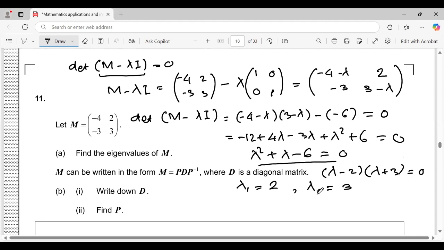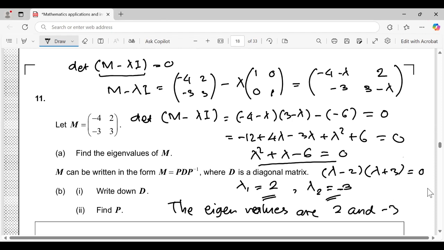Okay, it's lambda 1, lambda 2. The eigenvalues are 2 and minus 3.